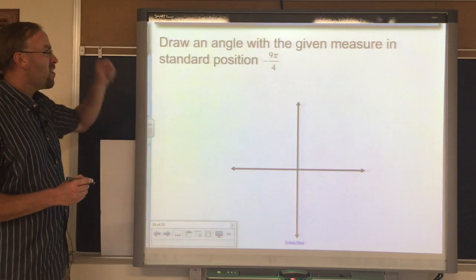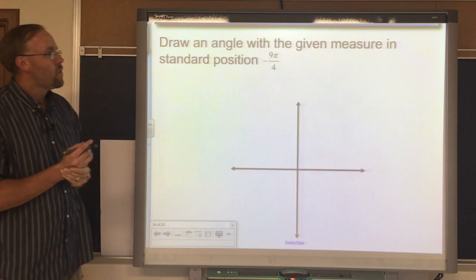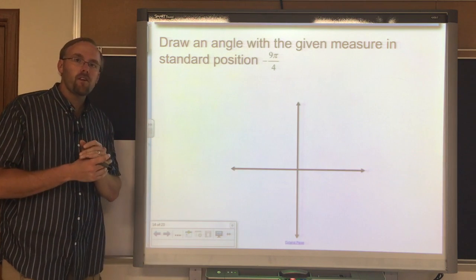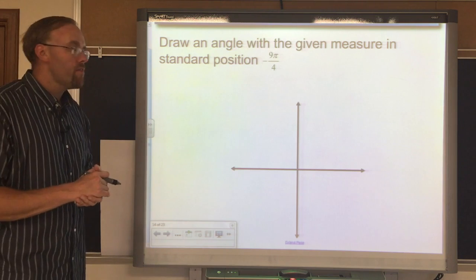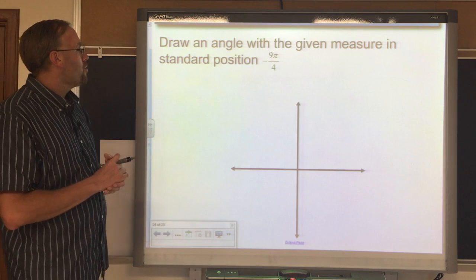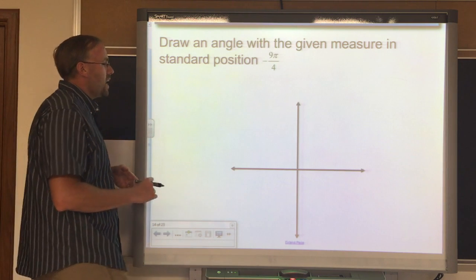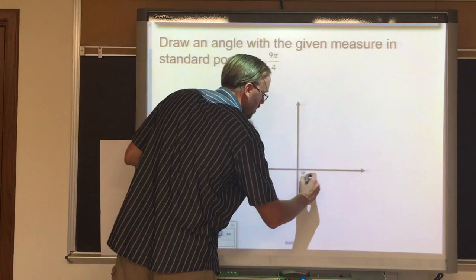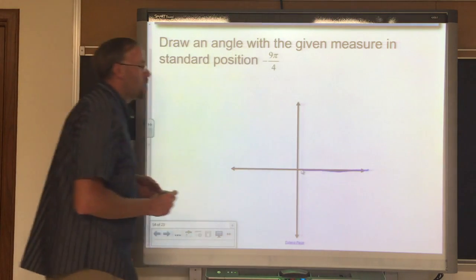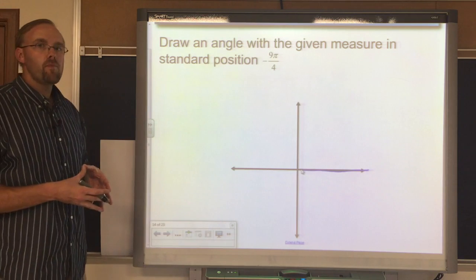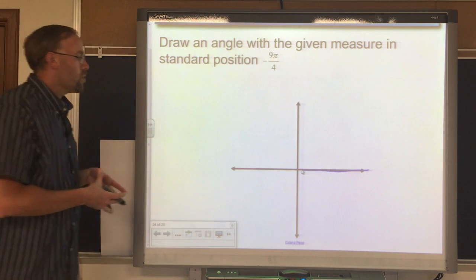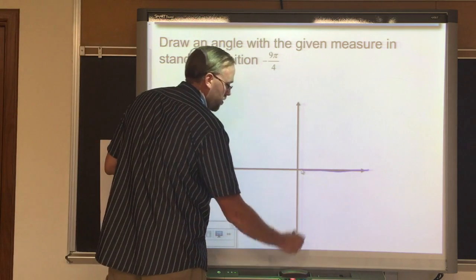Negative 9 pi over 4. Well, again, 4 is our denominator, so that means it's a multiple of 45. So if we multiply 45 by negative 9, well, that's going to be just a bit more than a full rotation, but it's going backwards.